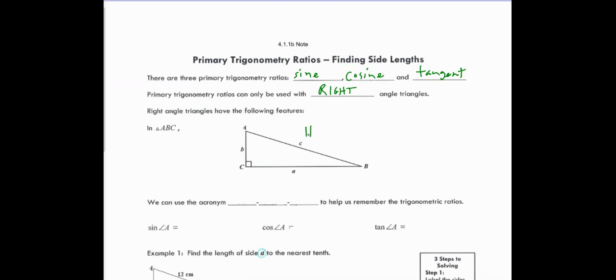So we have the hypotenuse. Okay, it is always opposite the right angle.